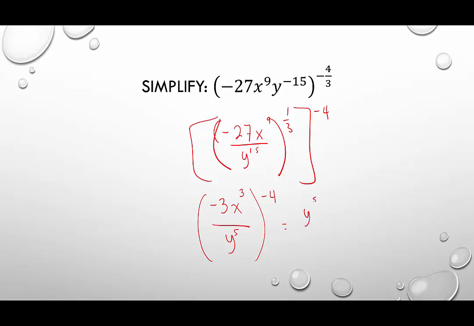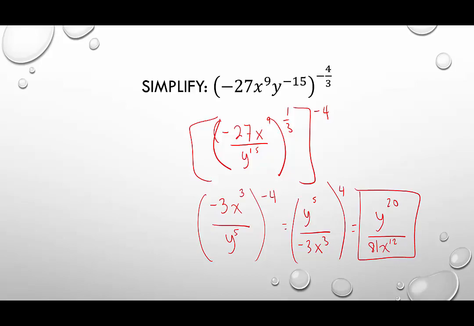That'd be y to the 5th over negative 3x cubed. Okay, now it's just to the 4th. Now we're going to raise everything to the 4th power. That would be y to the 20th over, now negative 3 to the 4th would be positive 81, because that's negative 3 times negative 3 times negative 3 times negative 3. And x cubed to the 4th is x to the 12th. And there we have it.